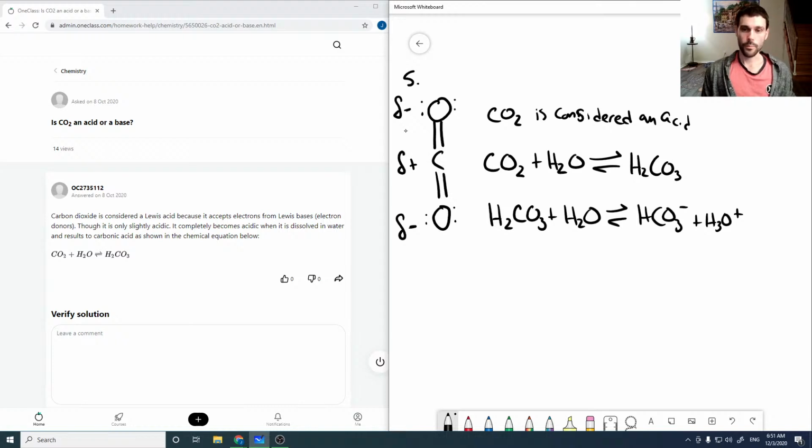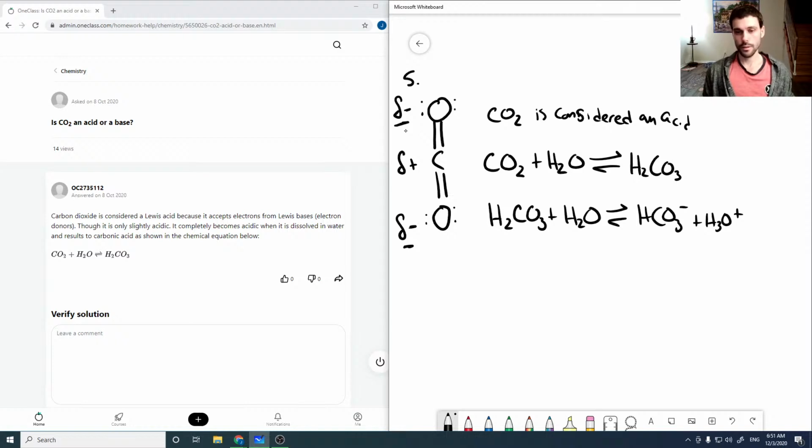So the electron density within the molecule is going to be favored at the oxygen end. That's what I mean by these little delta negatives: the molecule will be more negatively charged at the ends than at the center. The delta just signifies that it's small, less than an electron's charge, but it's present.